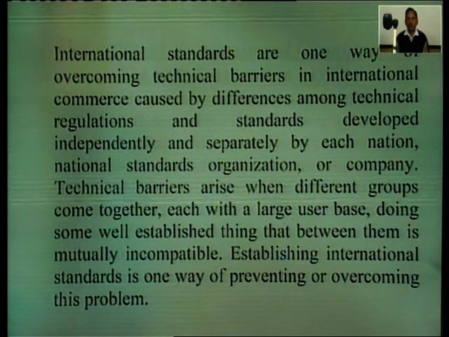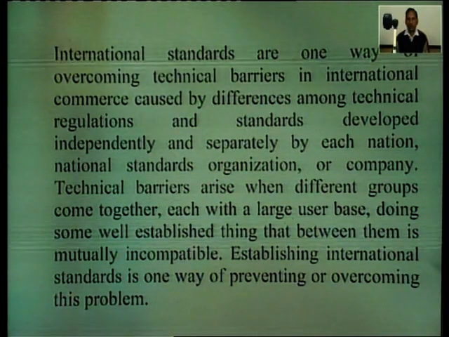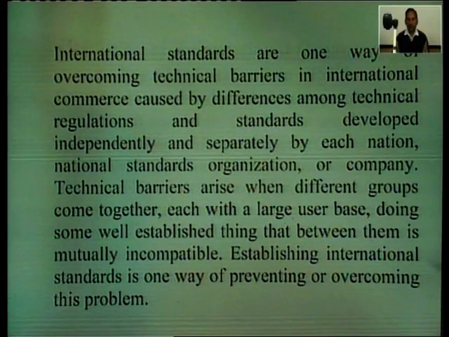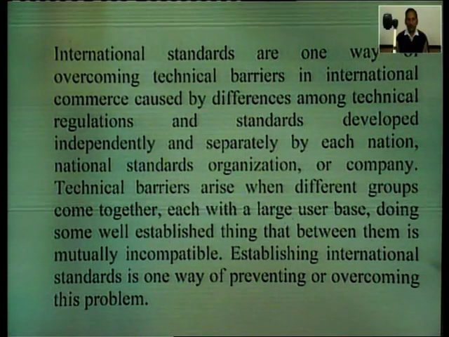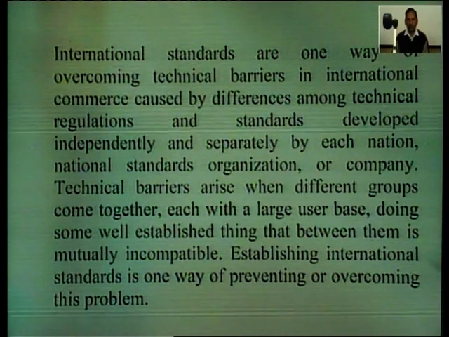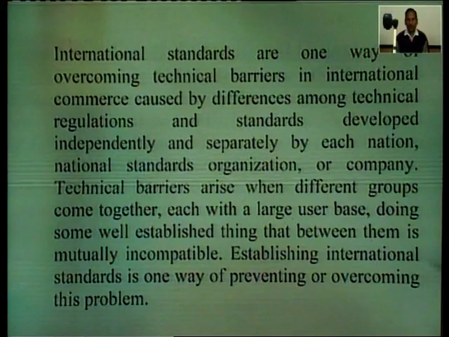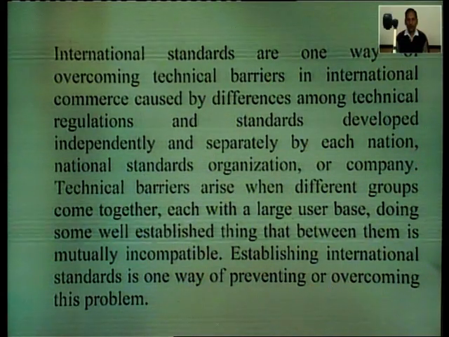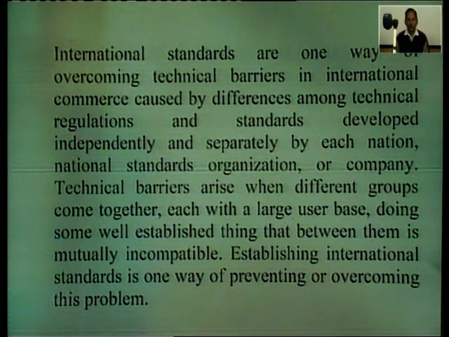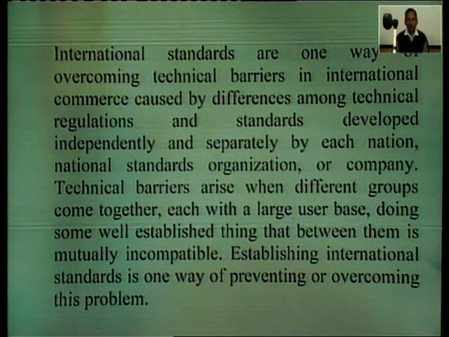So international standards are one way of overcoming technical barriers in international commerce caused by differences among technical regulations and standards developed independently and separately by each nation, national standard organization or company.